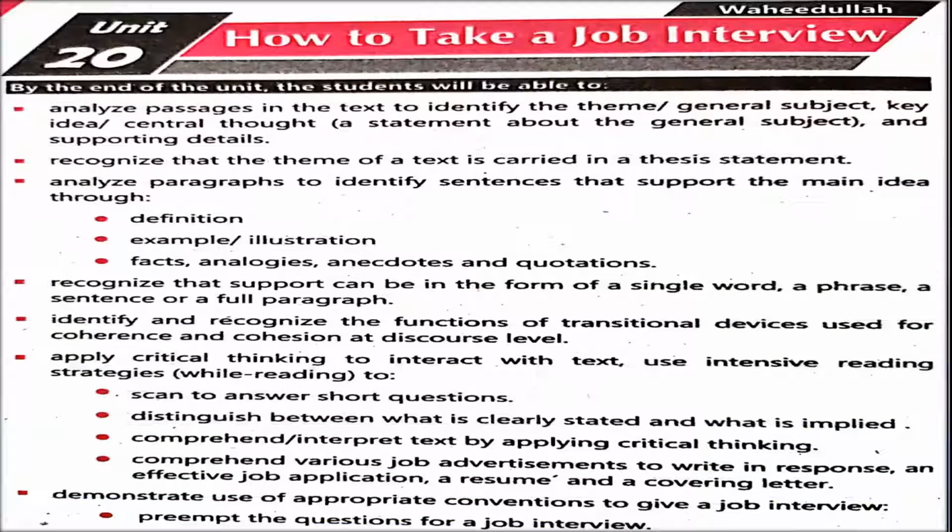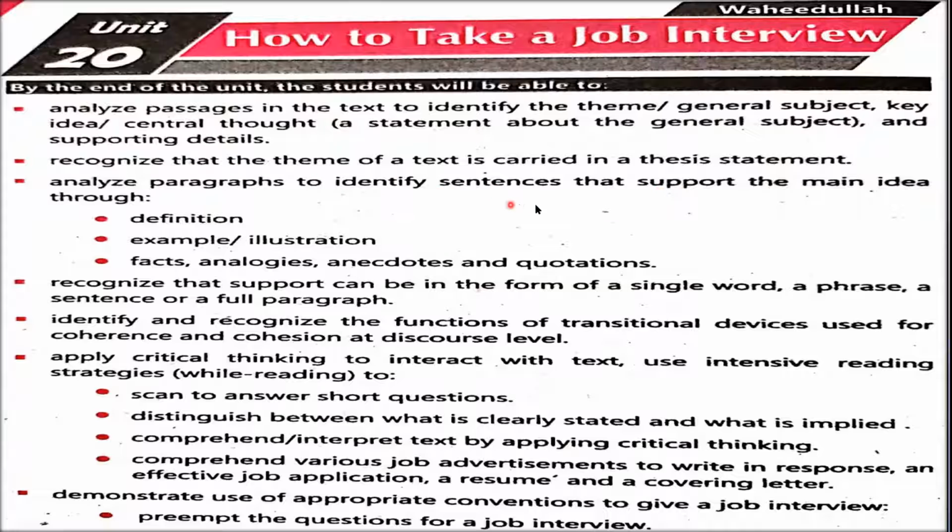Here we are, unit 20, dear students. In the pre-reading we are told what we will be able to learn after completing this lesson: analyze passages in the text to identify the theme, a general subject, key idea, central thought, a statement about the general subject and supporting details. Recognize that the theme of a text is carried in a thesis statement.